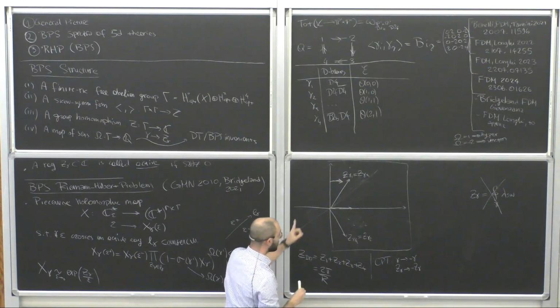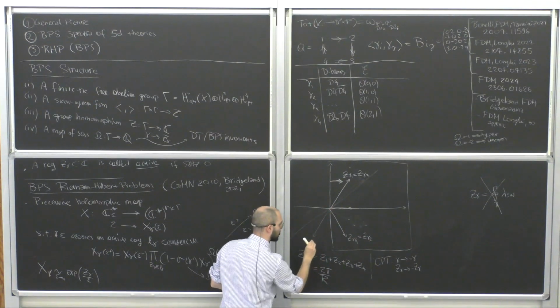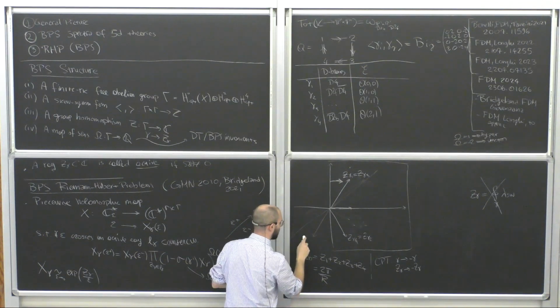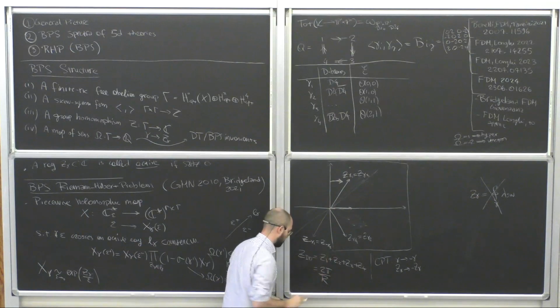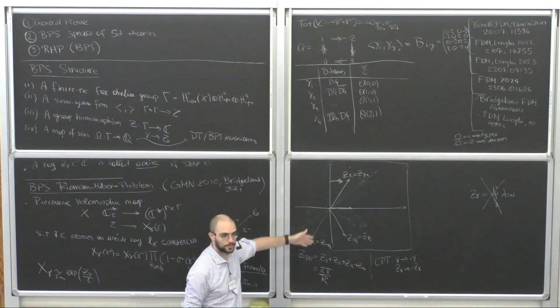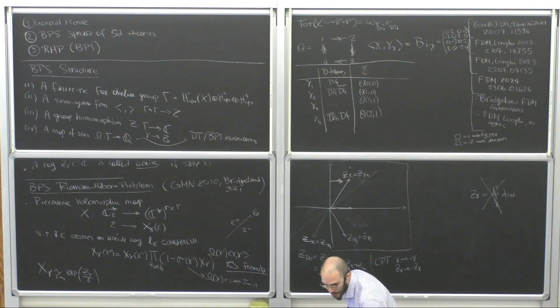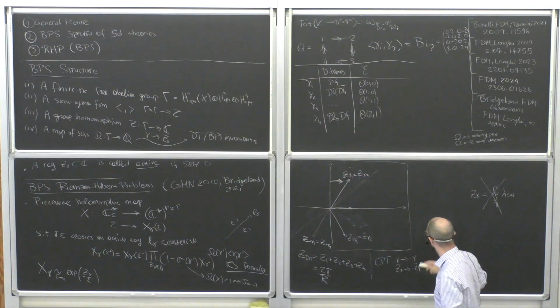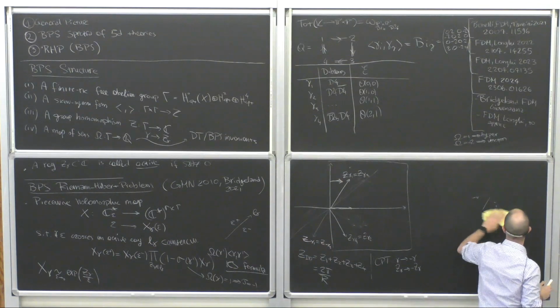And I already know, because of what I just said, that here I will have Z of minus gamma 1, which is Z of minus gamma 3, because of CPT. But in fact, there's a general rule of what happens when this ray goes out of the half plane, and this is known as a cluster algebra mutation.